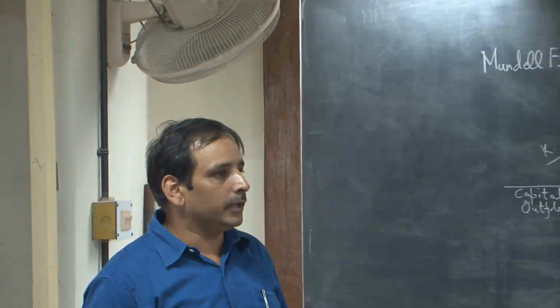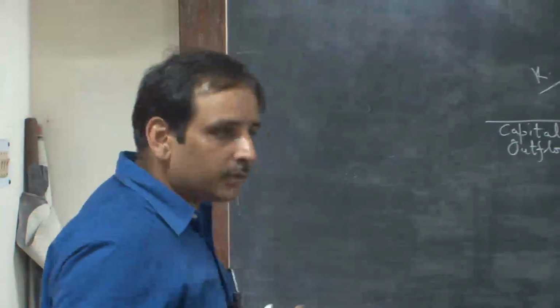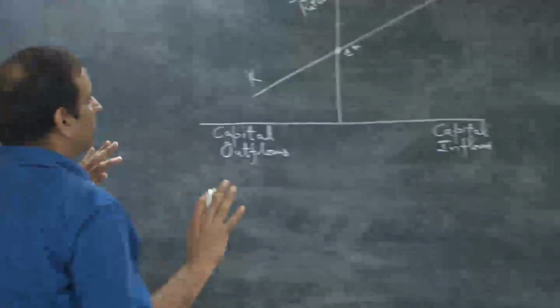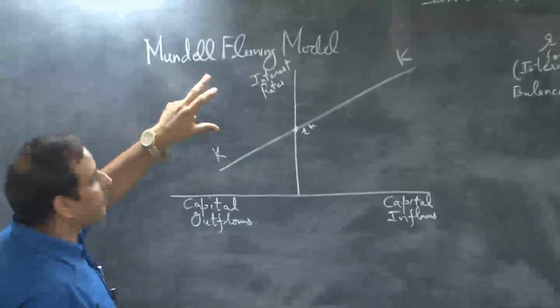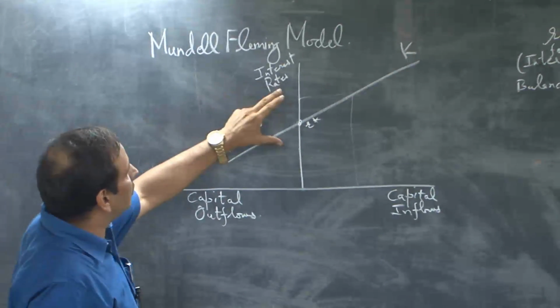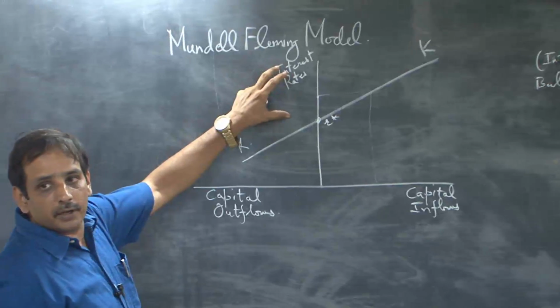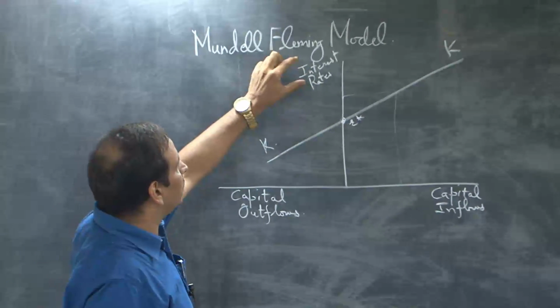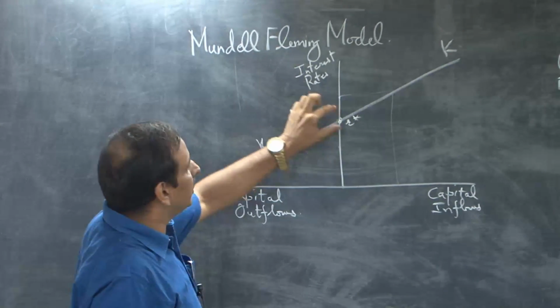We are yet to discuss the impact of the exchange rate changes. We are not bringing into account the exchange rate changes which may happen if you put the capital in a foreign country. We are not discussing that. We are just discussing that capital flow is a function of the differential interest rates between domestic and foreign.